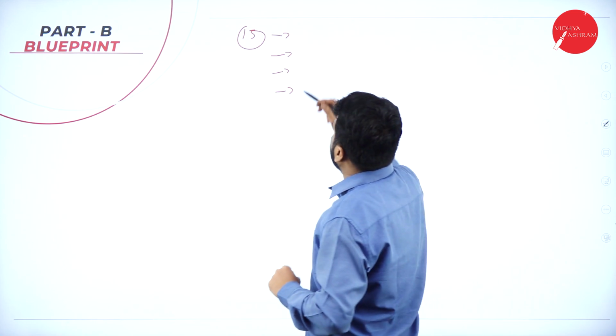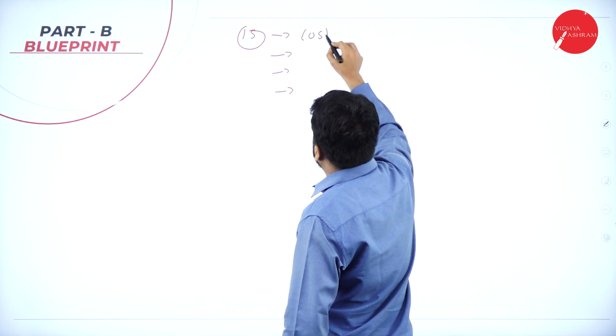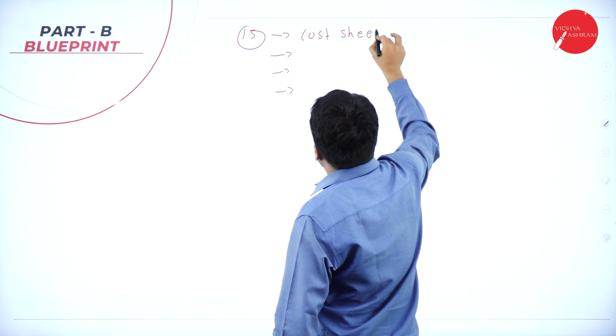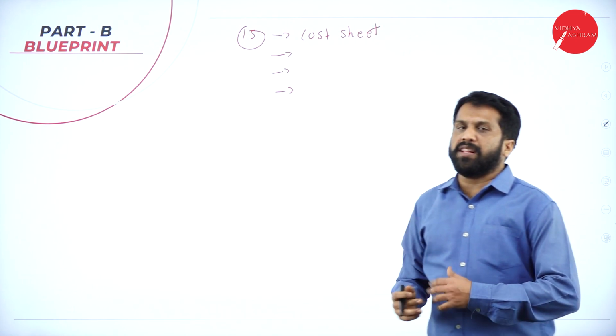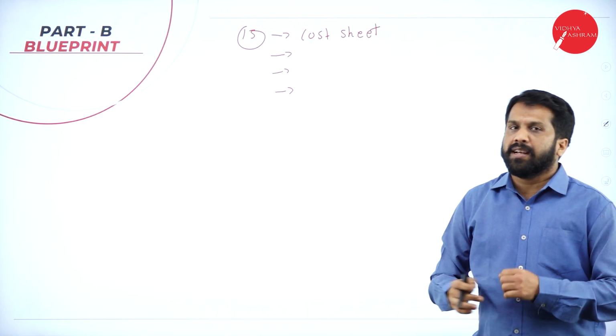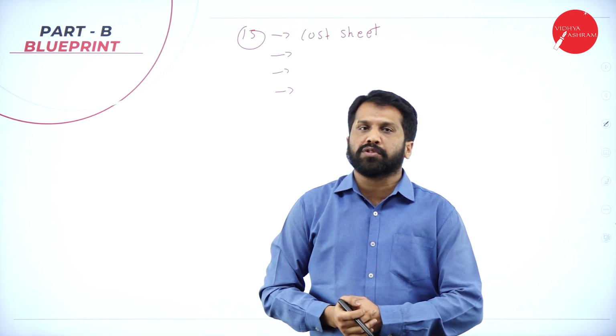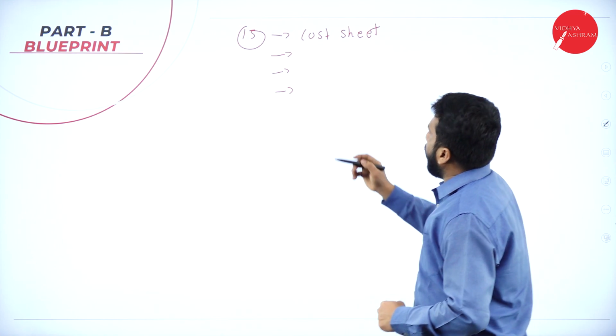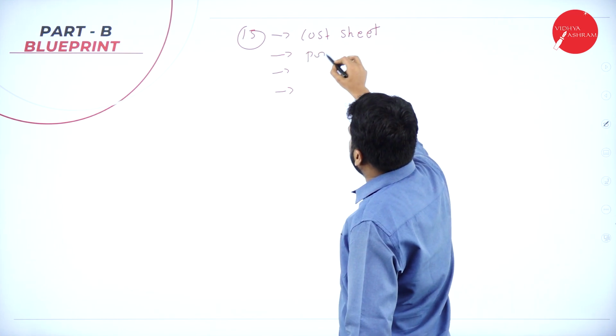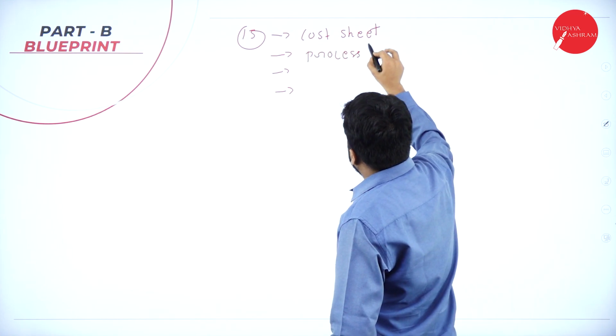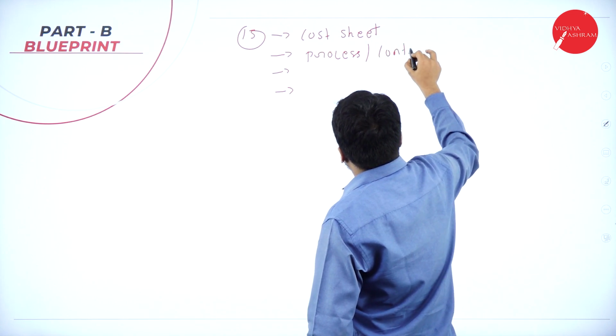Like, the first question will be on your cost sheet. If you are familiar with cost sheet, you can go for that. Otherwise, you can skip it and you have other options. Then you have process costing or contract costing.